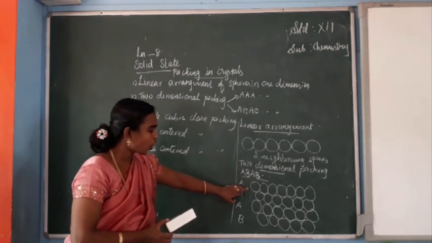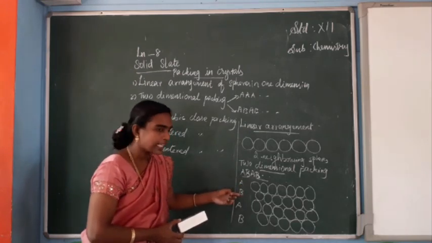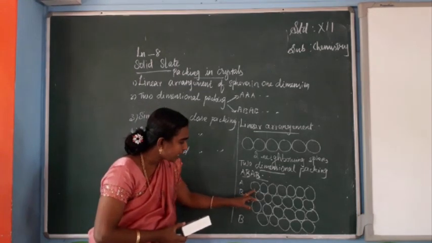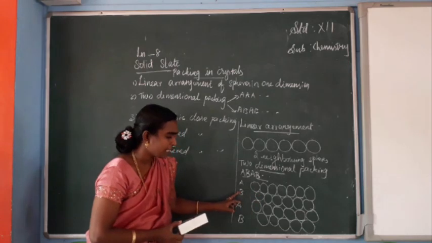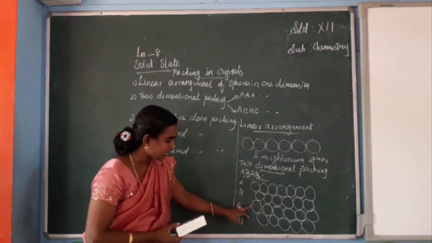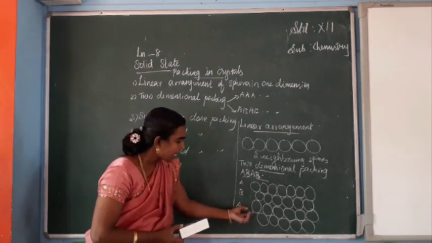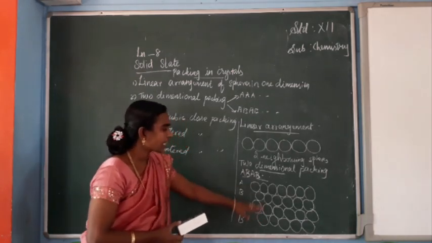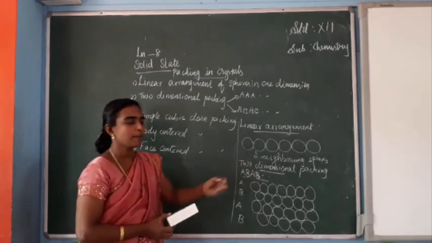If it is drawn like this, the first layer we call A. The second layer we fix in such a way that it is in the depression of the first layer, and we call this layer B. Again we draw the A layer the same as before. Next we draw this B layer in the depression of the third layer. This is the fourth layer. This arrangement of packing of crystal is called AB type arrangement.